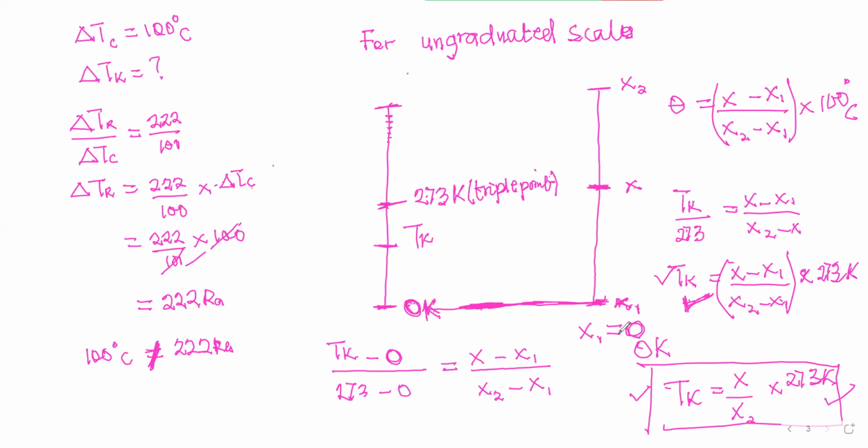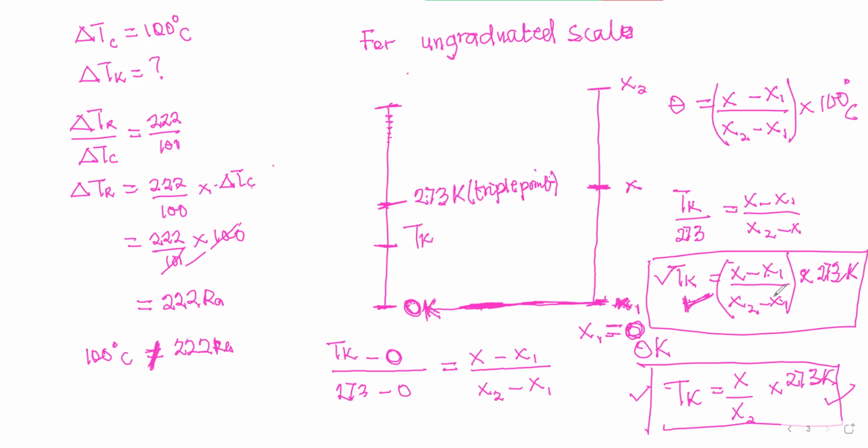So x1 is more or less equal to 0 because there wouldn't be any change at 0 K. That is what I'm saying. But you can also use the other relation, so that depending on how the question is created, you can decide to either use x1 or ignore it. Are you okay? Yes, sir.